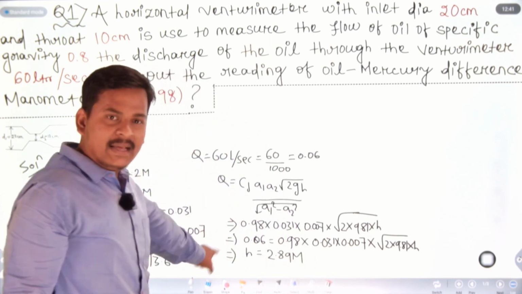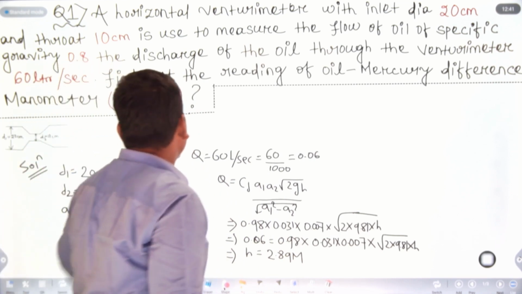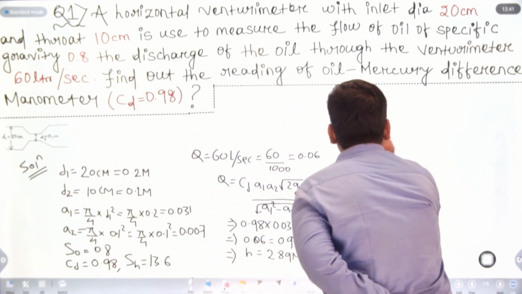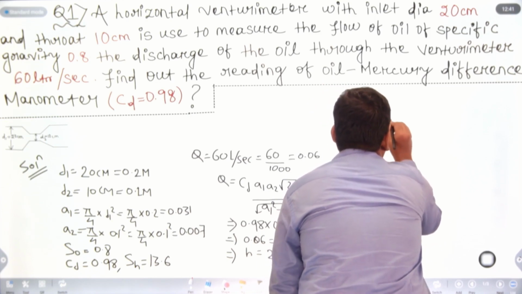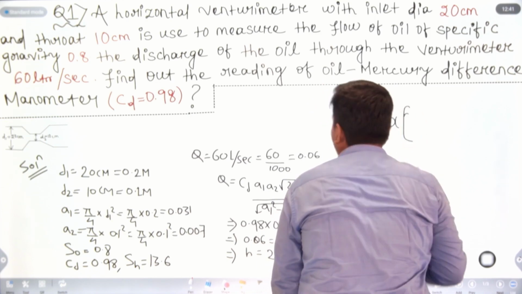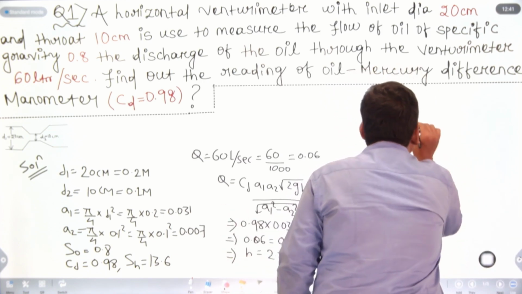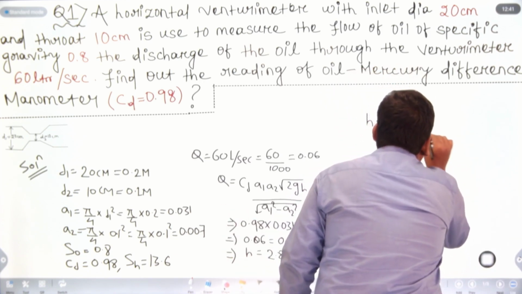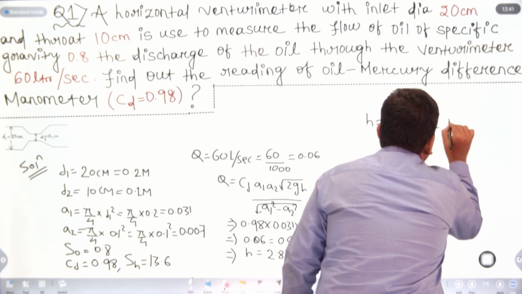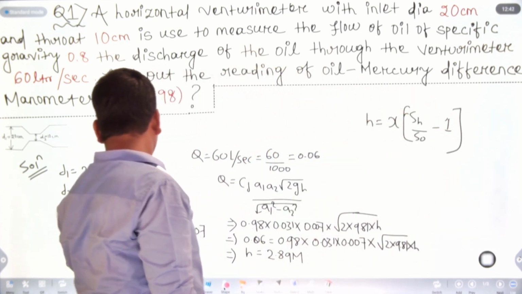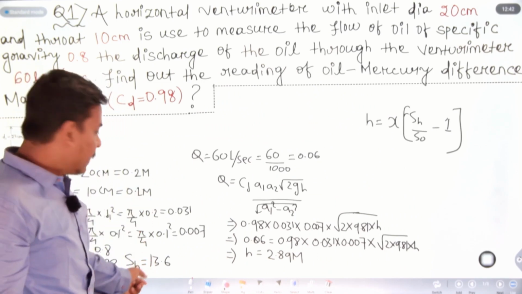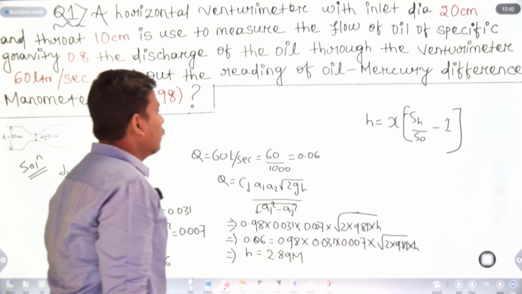We found h. Now we know that h is equal to x into (Sh by So minus 1). Now the Sh value for mercury is 13.6, and So is 0.8.